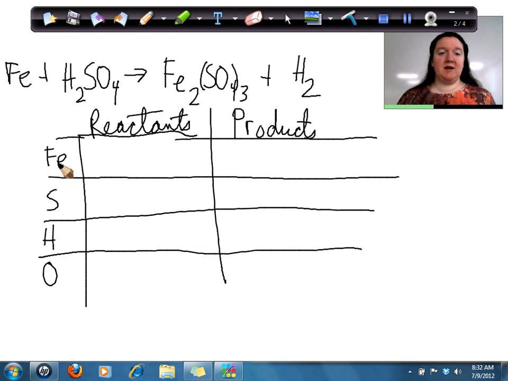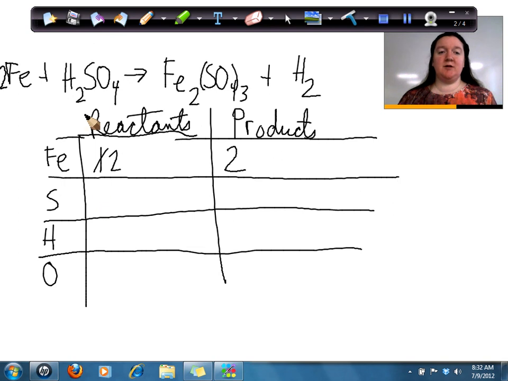So if I look at my reactants, here I have 1 iron, but on this side, I have 2 iron because that subscript 2 is there. So the first thing I want to do is change the coefficient in front of the iron to be able to balance it out. So I'm going to put a 2 in front of the iron. So now I have a balanced number of irons on both sides.